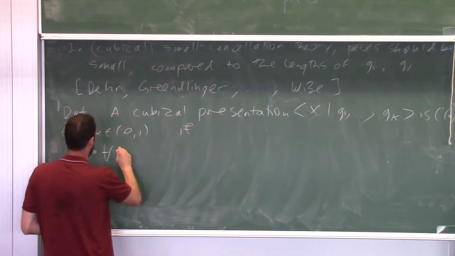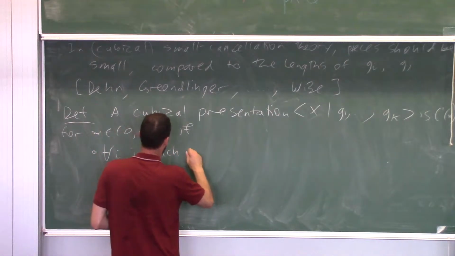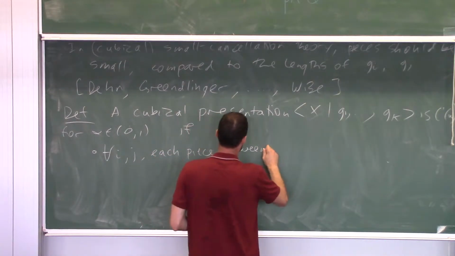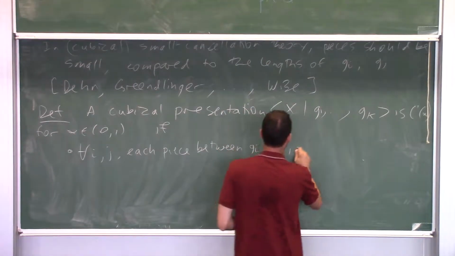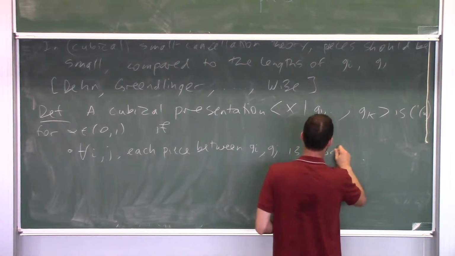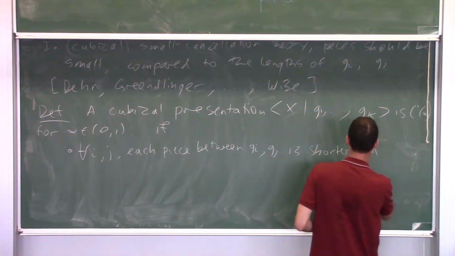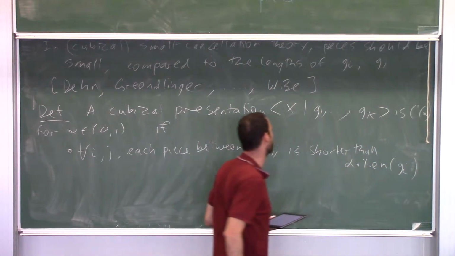For all i and j, each piece between Gi and Gj is shorter than alpha times the length of Gi, of course.